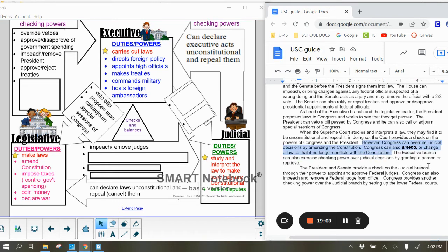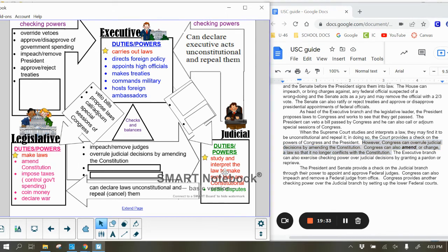So next, however, Congress can overrule judicial decisions by amending the Constitution. Congress can also amend or change a law so it no longer conflicts with the Constitution. So Congress, the legislative branch, is going to overrule the judicial branch by amending the Constitution. So that is here, the legislative branch is going to use this checking power on the judicial branch to overrule judicial decisions by amending the Constitution.